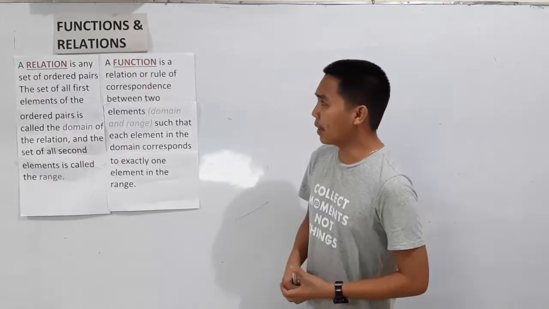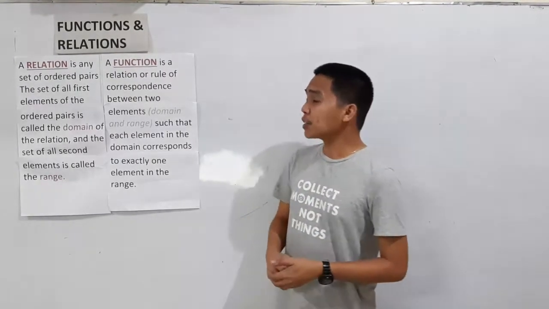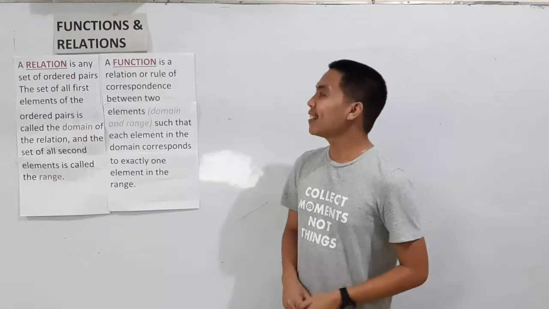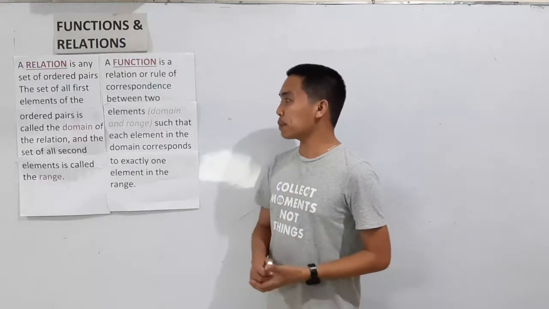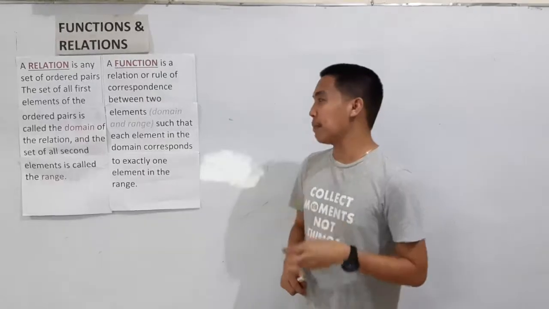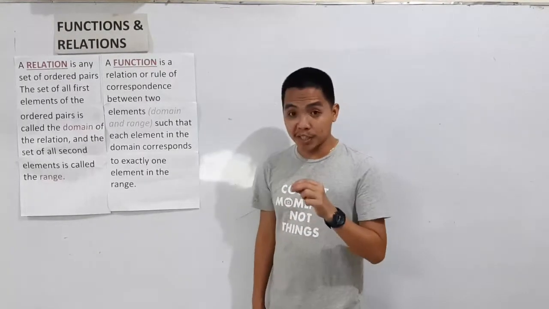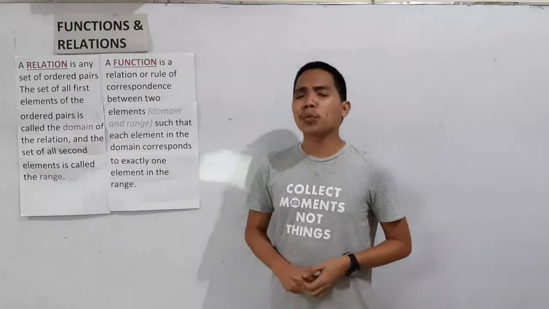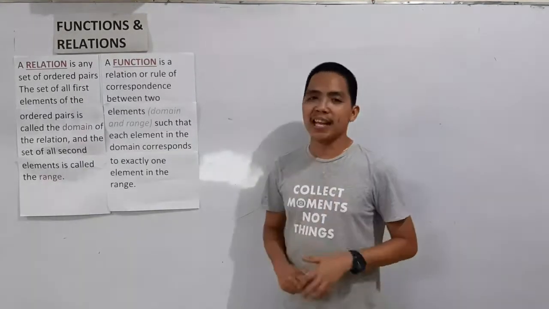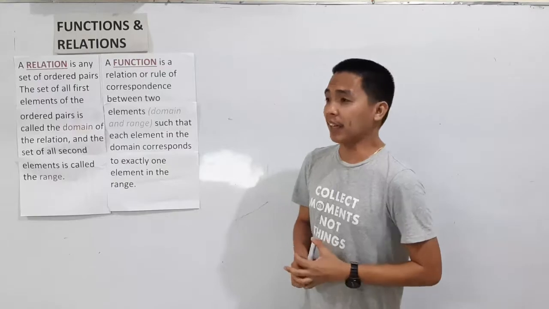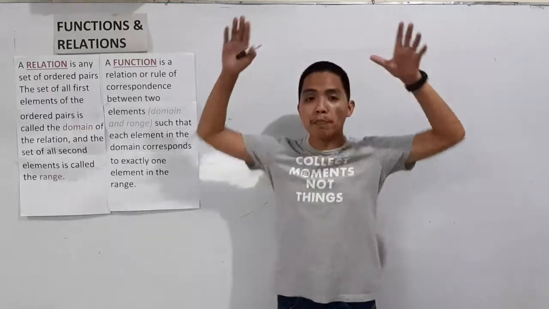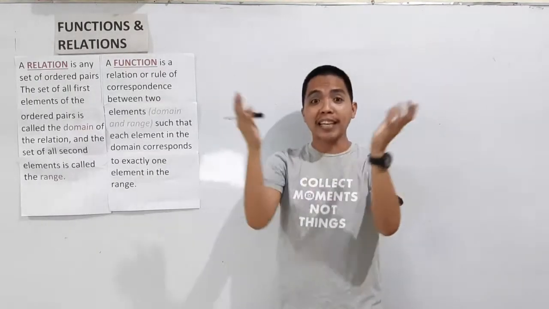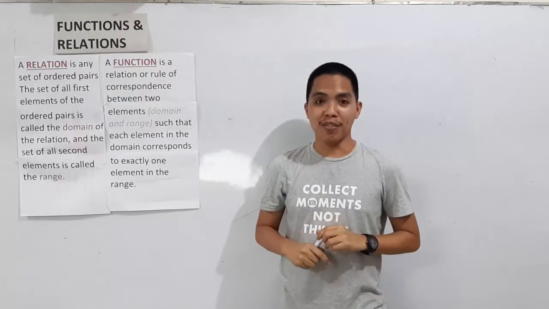All right. What is a function? A function is a relation or rule or correspondence between two elements, the domain and range, such that each element in the domain corresponds to exactly one element in the range. Therefore, relation is the big picture here, and under relation is the function.